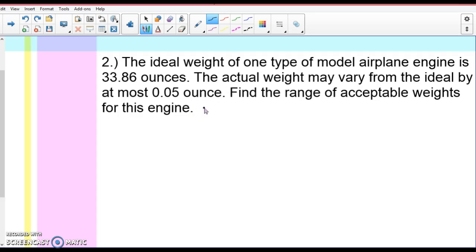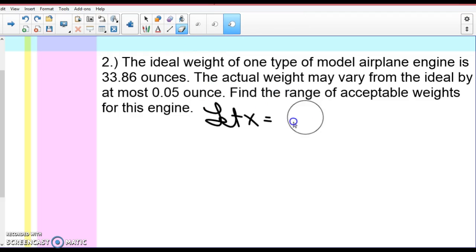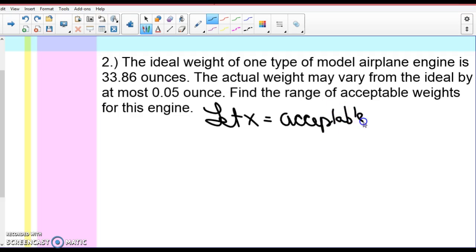Well, again, let's let x equal the acceptable. So, x minus 33.86, we're going to do absolute value, is at most 500. Same exact thing.